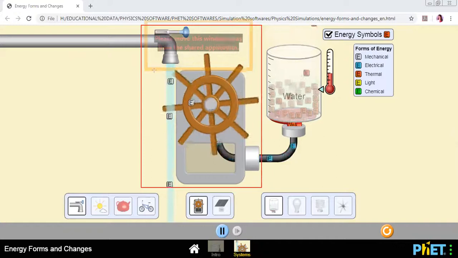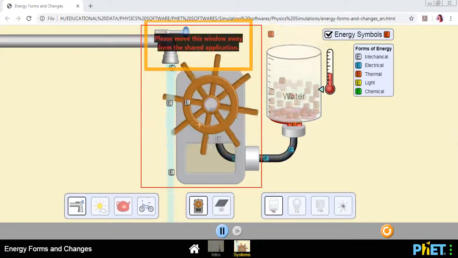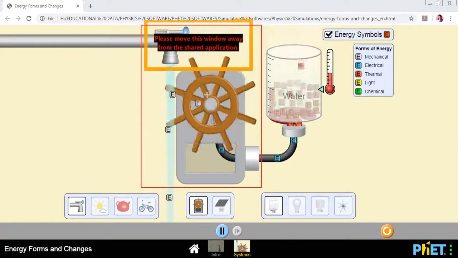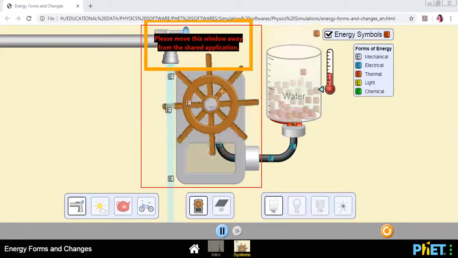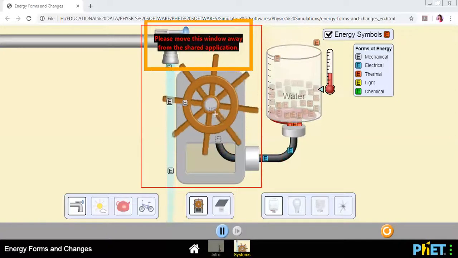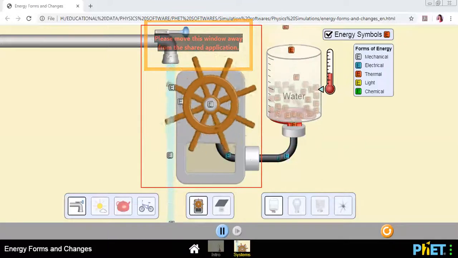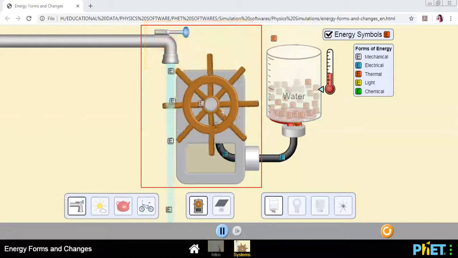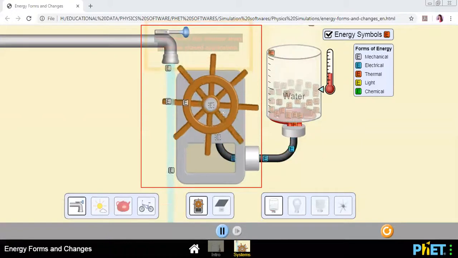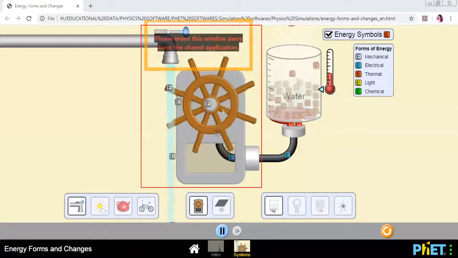Then that flowing water falls on the turbines, the turbine rotates, and due to the rotation there is a conversion of mechanical energy into electrical energy. So the flowing water has mechanical energy, and this system which I have shown you with the red border is converting the mechanical energy into electrical energy.